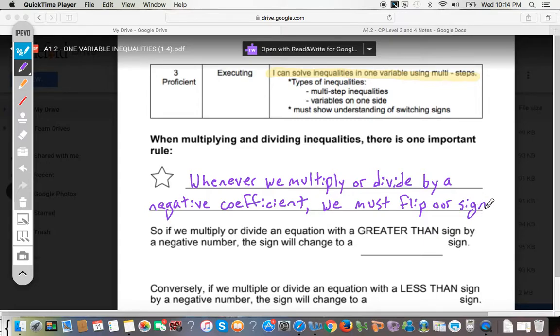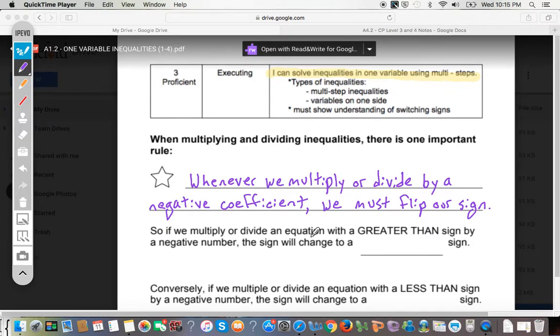So in our last step when we're solving an inequality, let's say our variable is being divided by some negative number or multiplied by some negative number or a negative fraction. In order to get rid of that coefficient, we have to flip our sign as well.